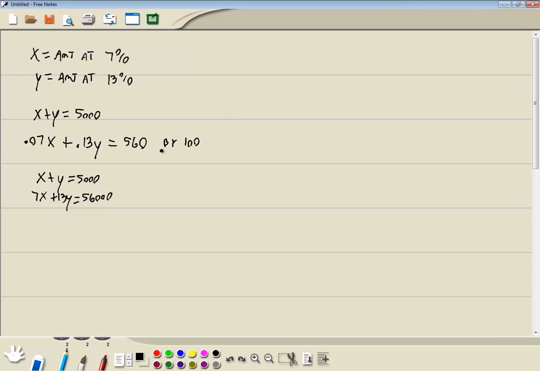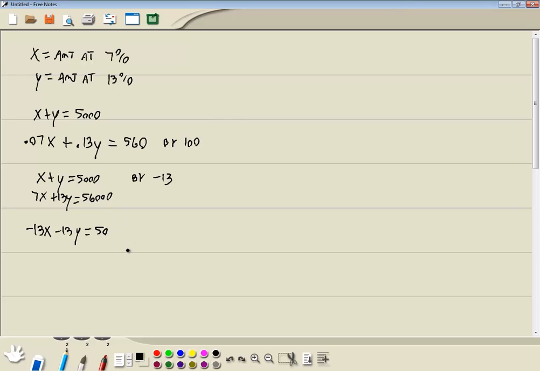Now I'm going to solve this by the addition method, and I'm going to eliminate the y's. So I'm going to multiply the first equation by negative 13. Negative 13 times x is negative 13x. Negative 13 times y is negative 13y.